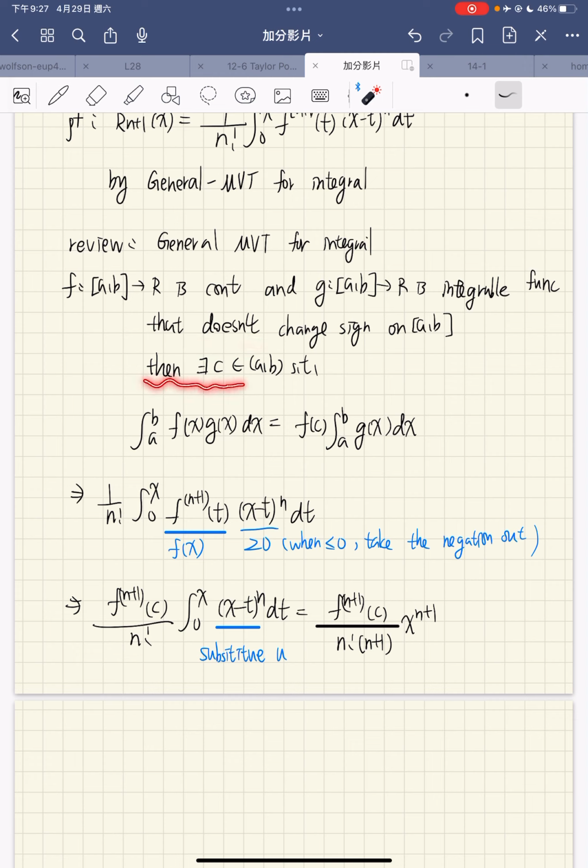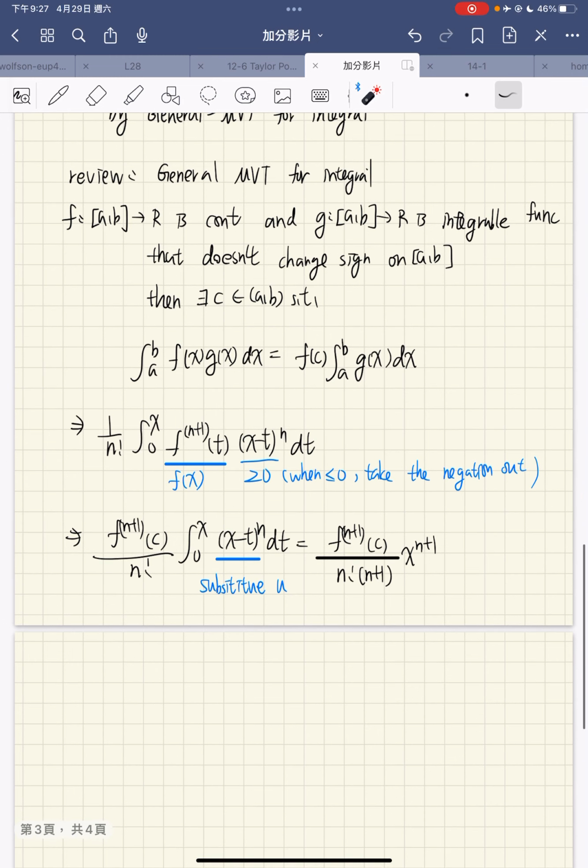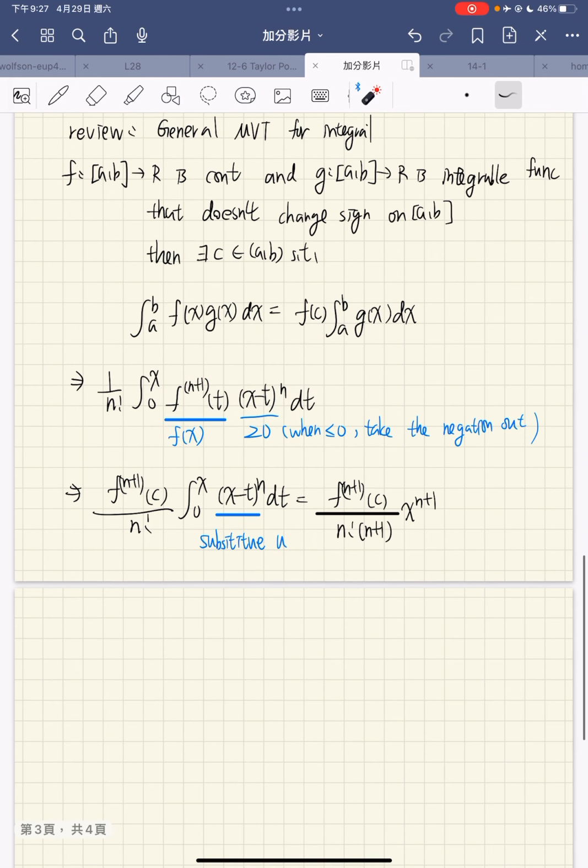Then we can conclude that there exists a c between a and b such that this formula is true. So we can see this part as f of x and this part as g of x, and we can use this formula to solve this problem.